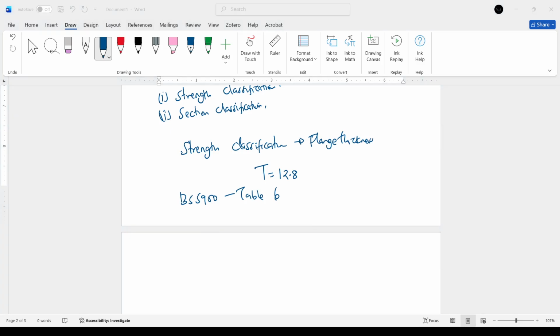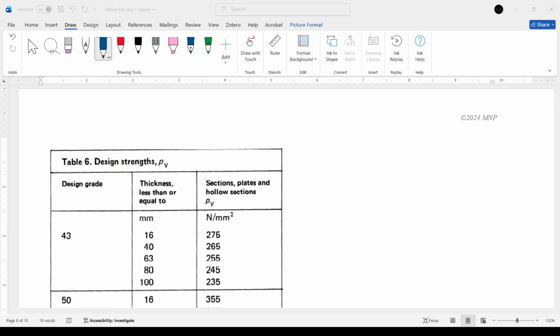Let me see if it's here in the tables for use. Yes, it's right here. So tables for use, table 6. Right there, I'm showing it on the screen. So if you don't have it, just look at what I have.